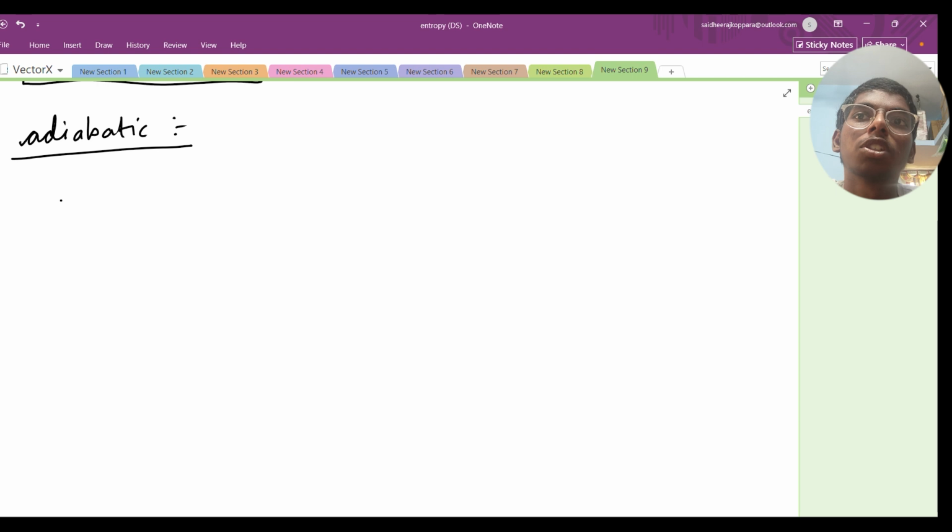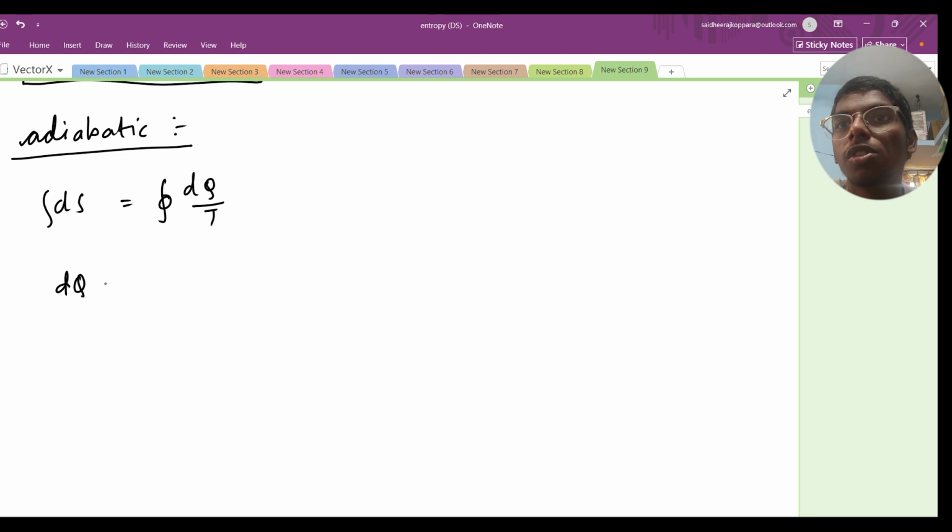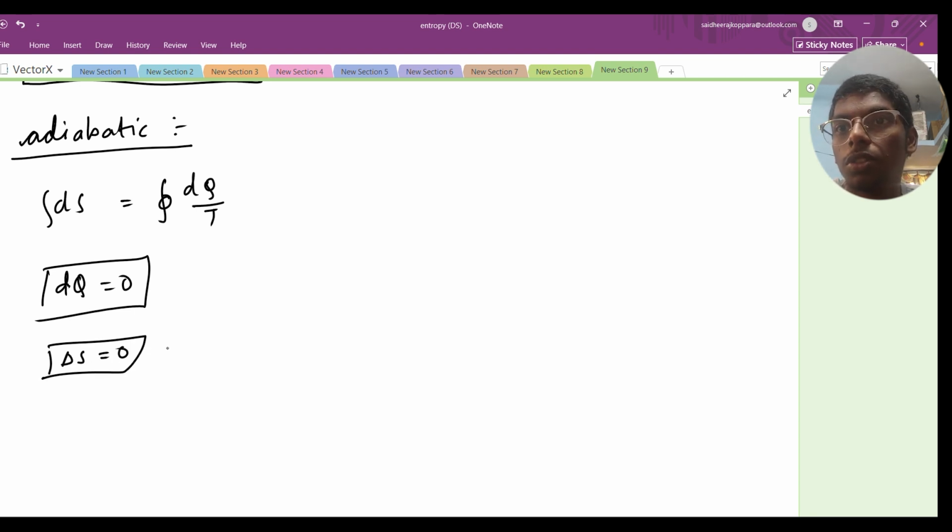Okay, and the most important process when we speak about entropy is the adiabatic process. Why is the adiabatic process that important? Because of the definition we gave. Okay, so in case of adiabatic, your dQ becomes 0, right? If your dQ becomes 0, then obviously your change in entropy becomes 0.